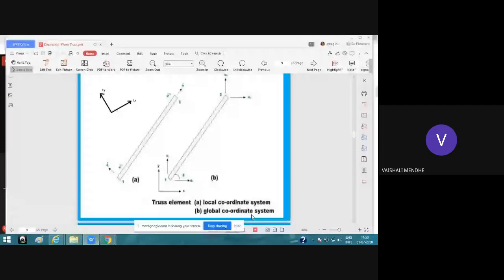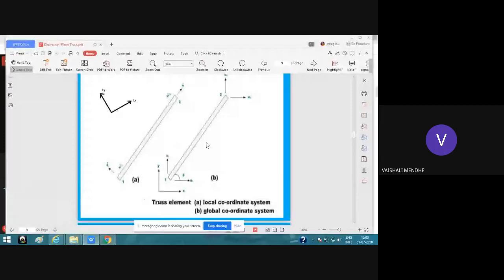So in this member, there are only 2 displacement components, U1 dash and U2 dash along the X direction. But in the global coordinate system, there are 4 displacement components at node 1 and node 2, that is U1, V1, U2, V2. So this is the difference between the local coordinate system and the global coordinate system.